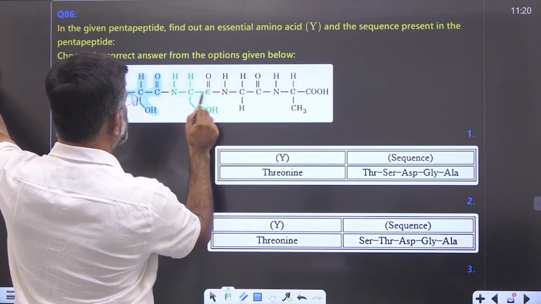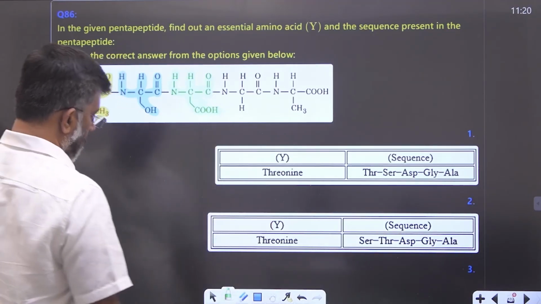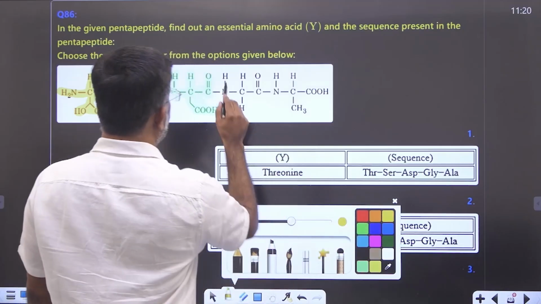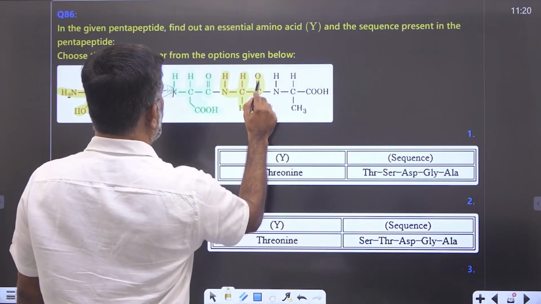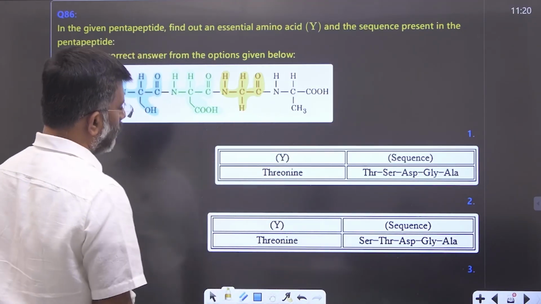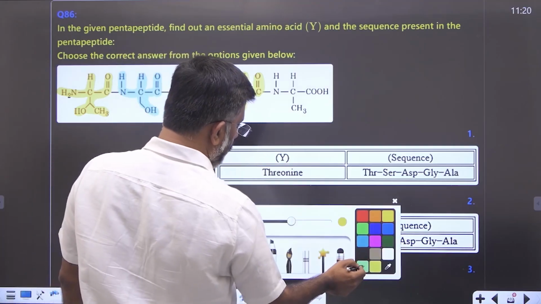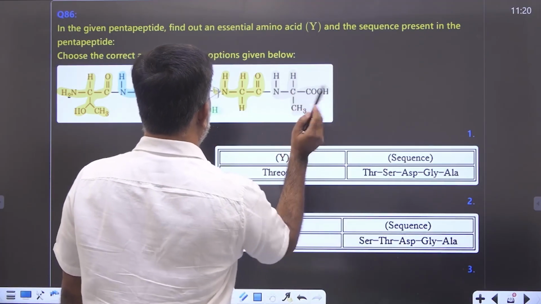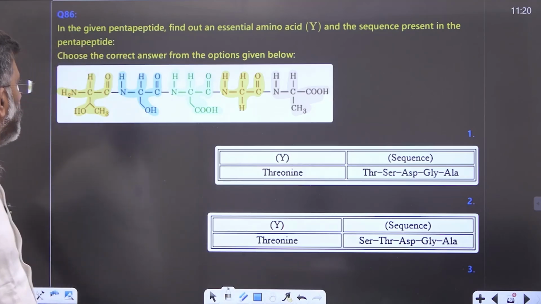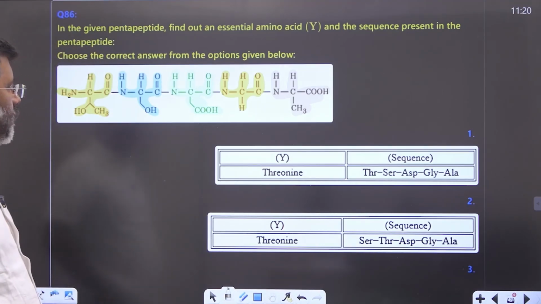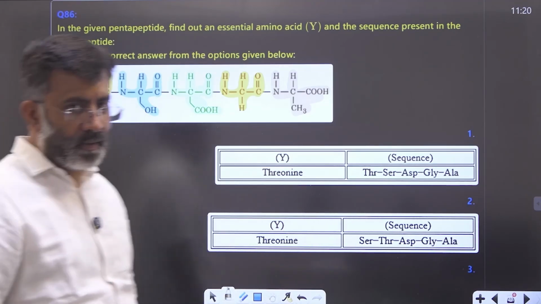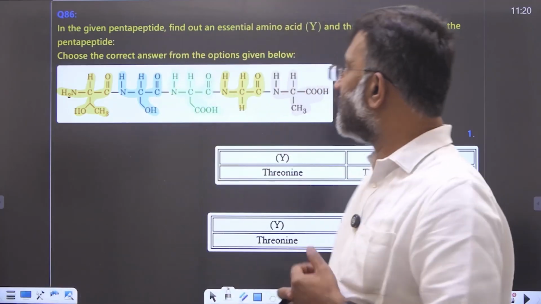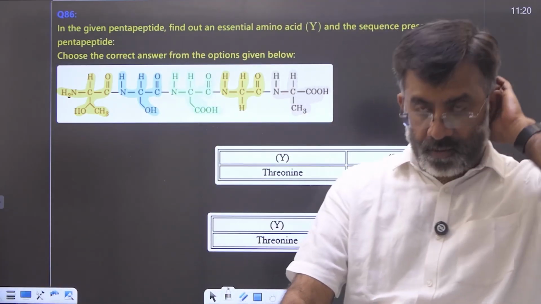This is number 3. Again, this is number 4. And finally, this is number 5, the pentapeptide. We need to analyze what all amino acids are present there.